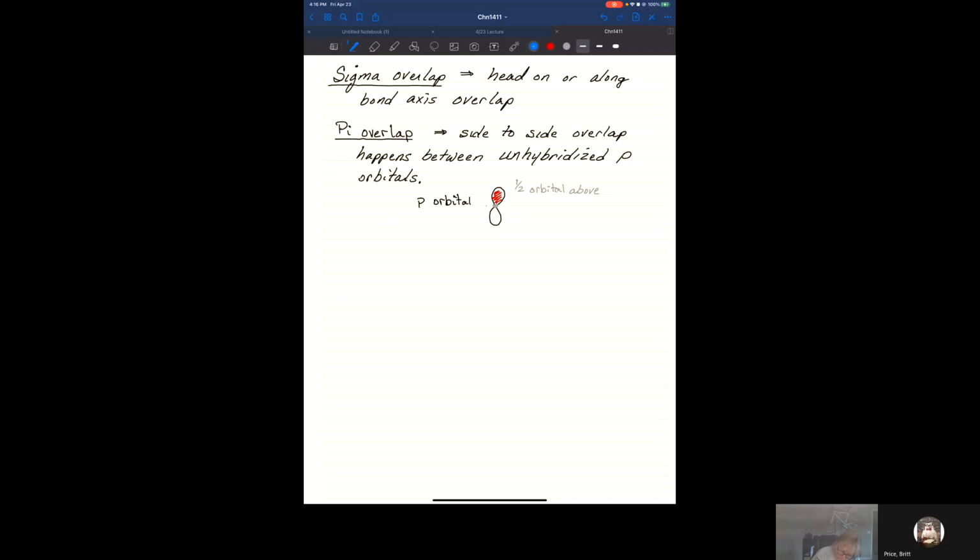And then we have half of the orbital below. They're actually opposite signs.